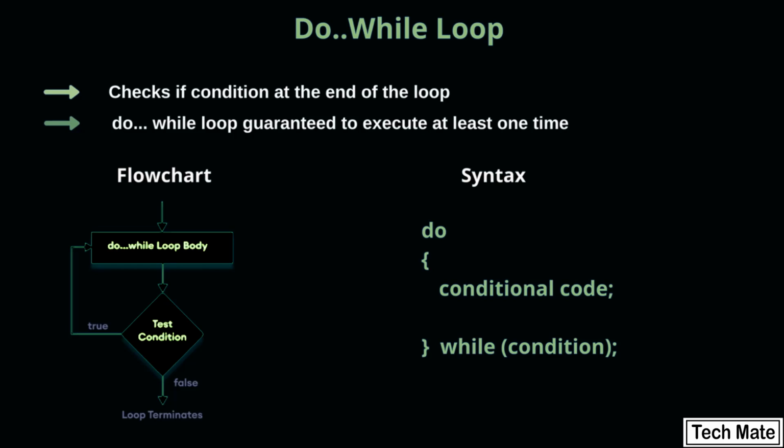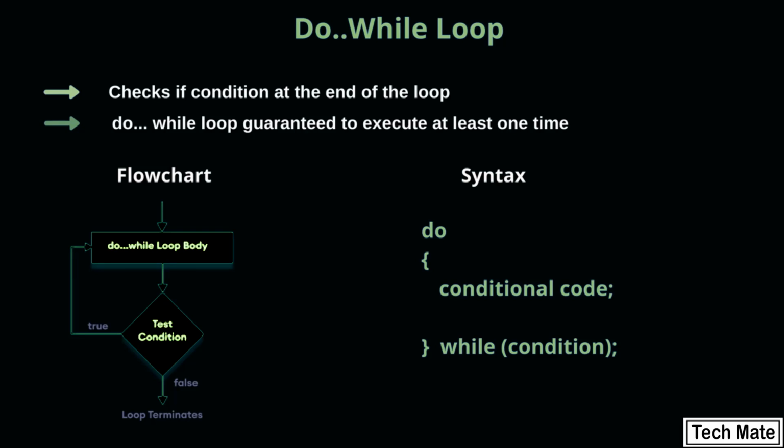So as it is written, a do while loop is guaranteed to execute at least one time, because the condition is checked after the first execution. Basically you can plan to work with the do while loop whenever you want to execute the loop on the basis of user interaction.